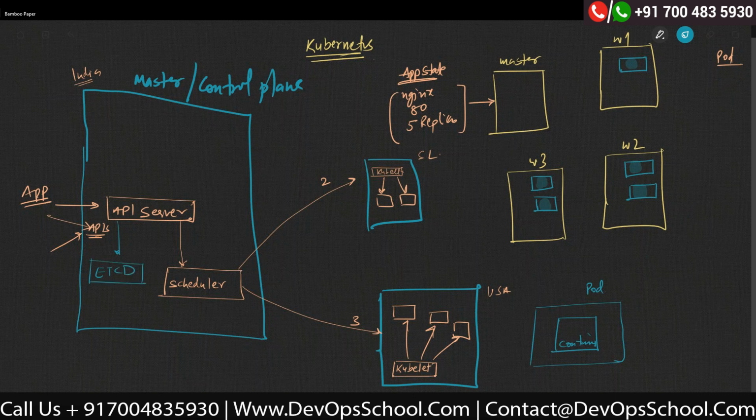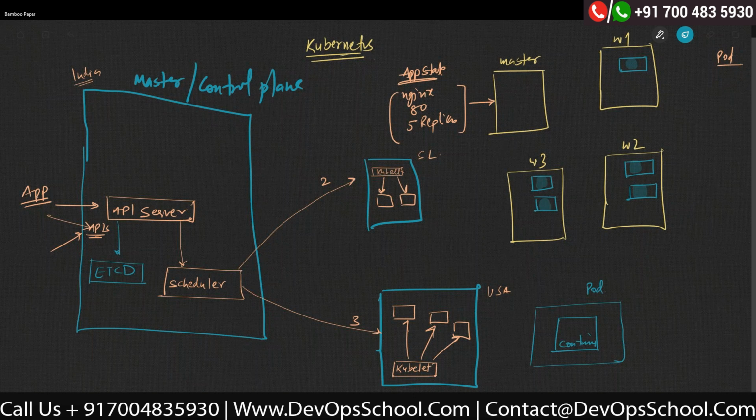So it stores the cluster state in etcd data store. All right, and that etcd data store contains how many pods are running, where is each pod running, how long a pod has been running for. Every aspect of the cluster is stored in etcd database.